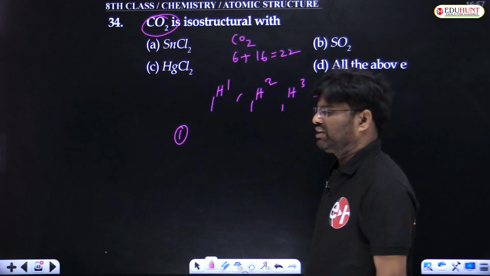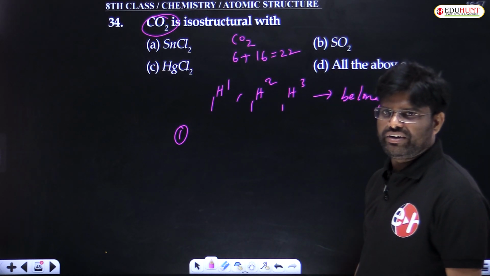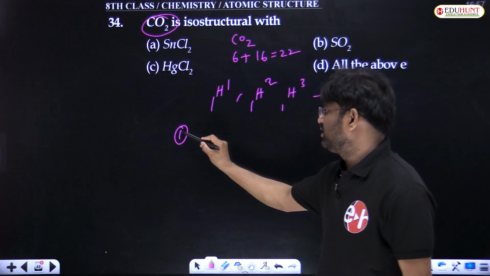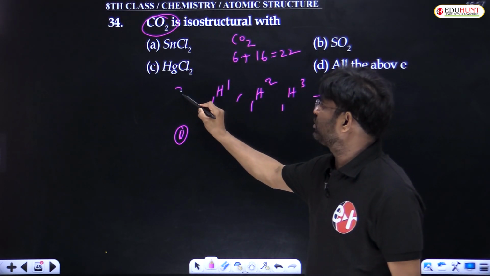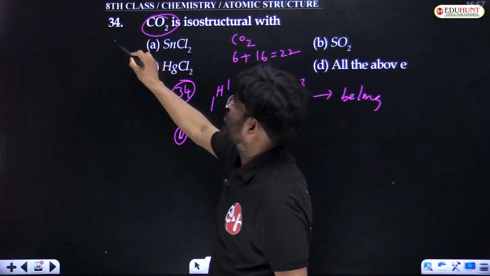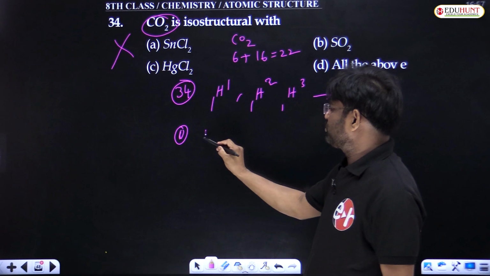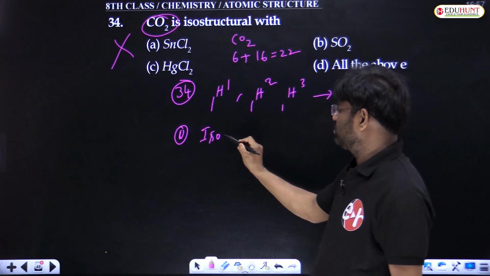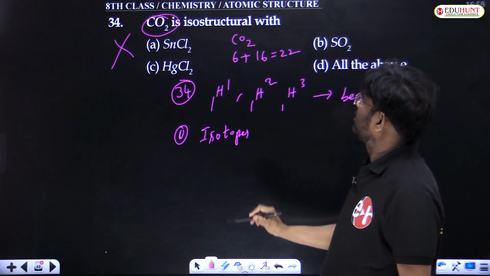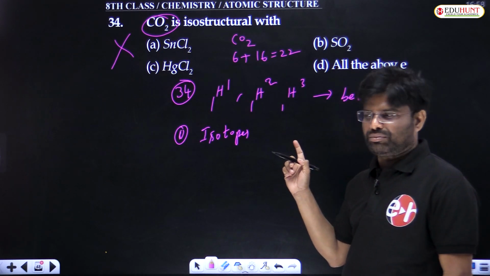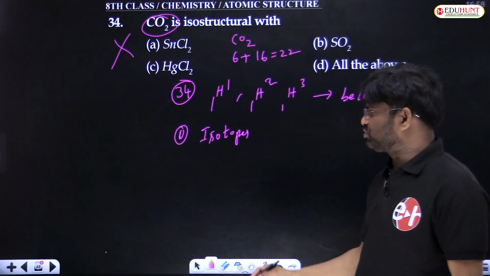Isotopes of hydrogen are given: 1H1, 1H2, 1H3. Question number 34 this is. I am removing the old question. So what is isotopes? First option is isotopes according to the key. I am taking isotopes as A.